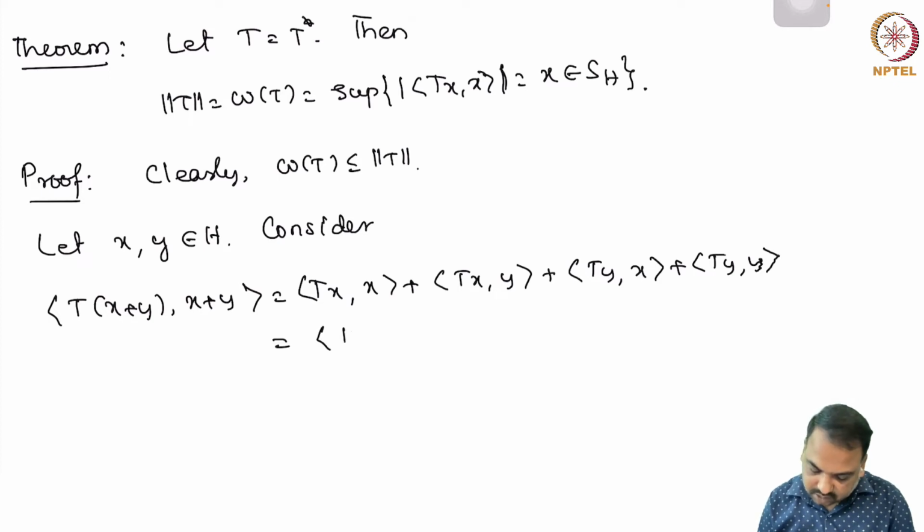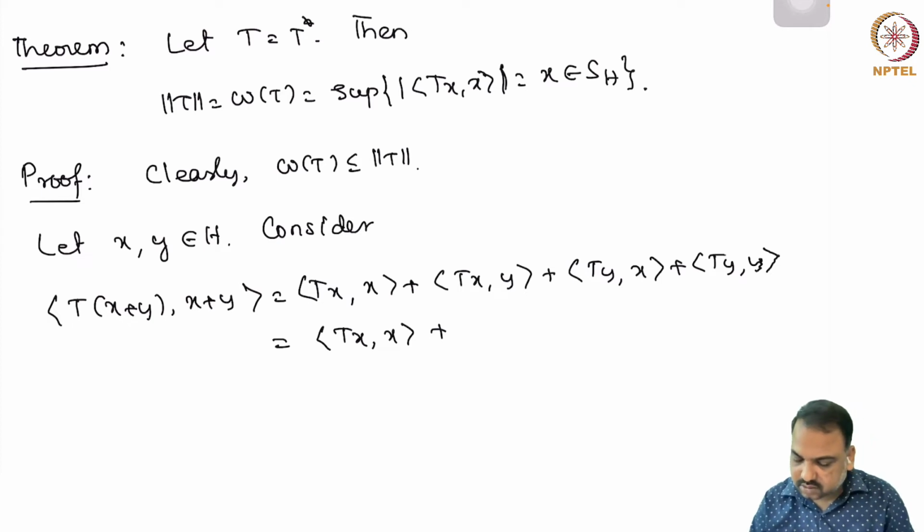Now this is inner product Tx with x plus, so the second component, this is inner product Ty with x. So you can take T to the other side, since T is self-adjoint, T equal to T star, so this will be inner product y with T star x, but T star equal to T, so we can say that inner product y with Tx.